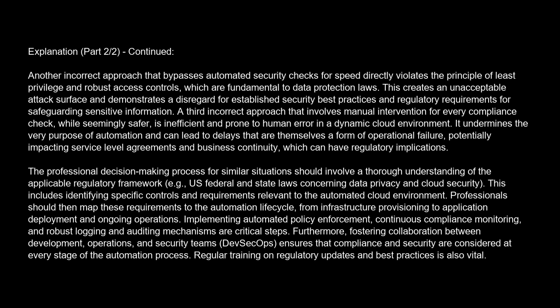Implementing automated policy enforcement, continuous compliance monitoring, and robust logging and auditing mechanisms are critical steps. Furthermore, fostering collaboration between development, operations, and security teams, DevSecOps, ensures that compliance and security are considered at every stage of the automation process. Regular training on regulatory updates and best practices is also vital.